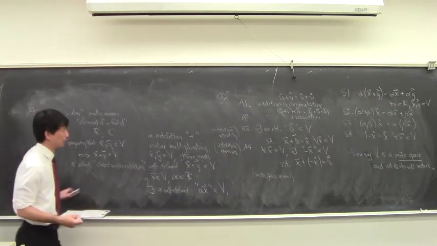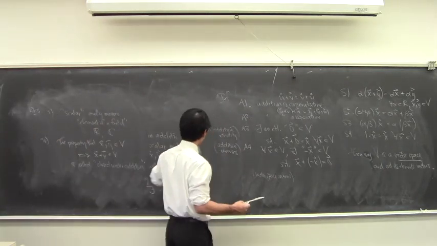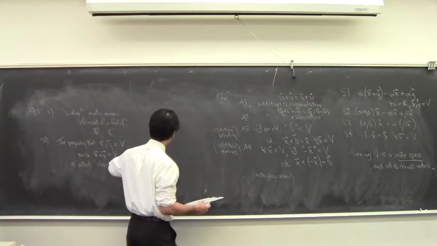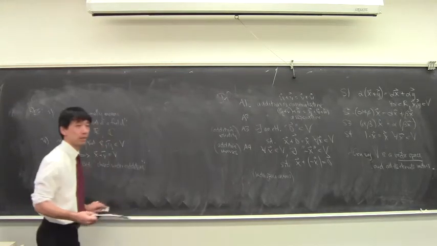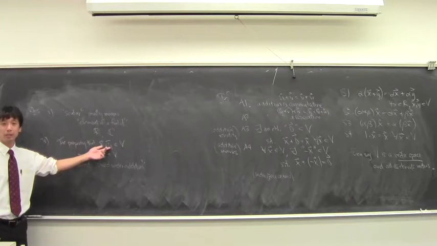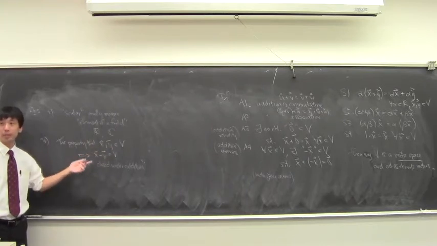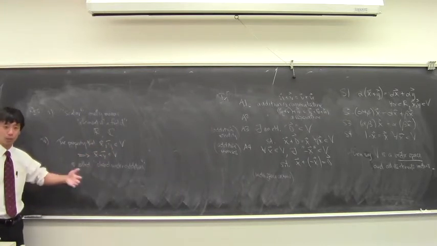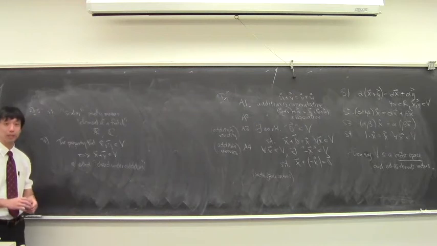Closed under addition. Okay, so whenever you have two guys in the space and you add them, you stay within the space. You don't leave the space, you're closed under addition.